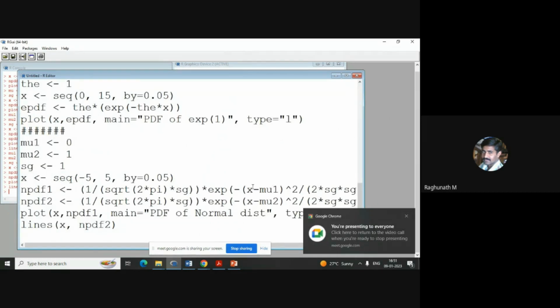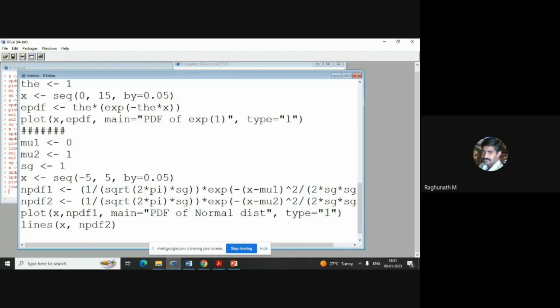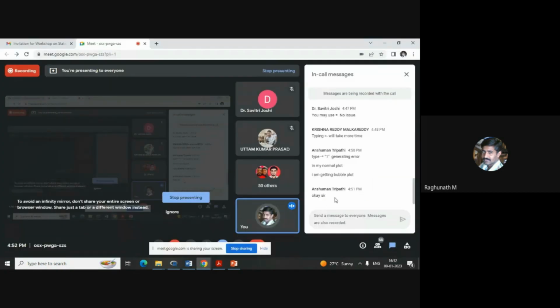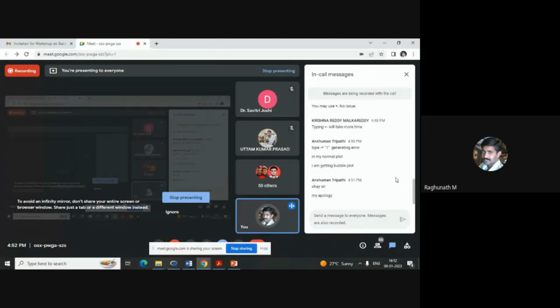Because both look very similar. There is no difference at all. See, this is 1, but this is L. Type L for it. Just check. Fine. Okay, that's fine. No need to apologize. Whatever the doubt is, you can ask.